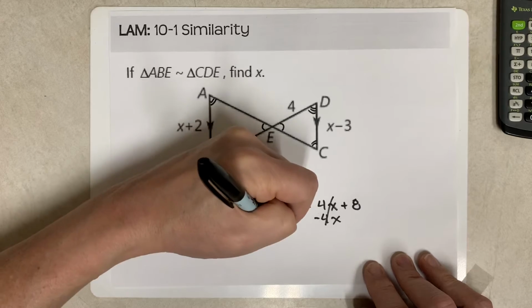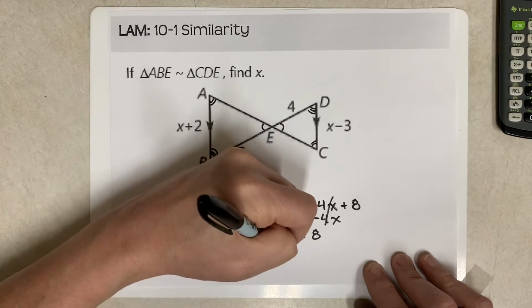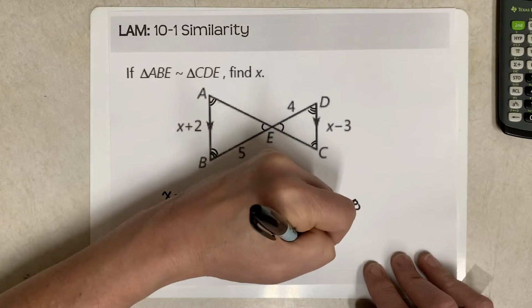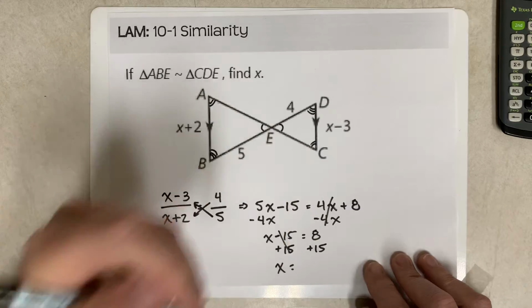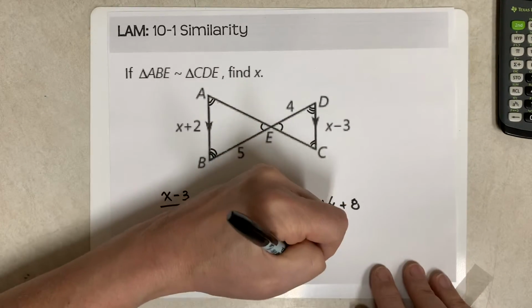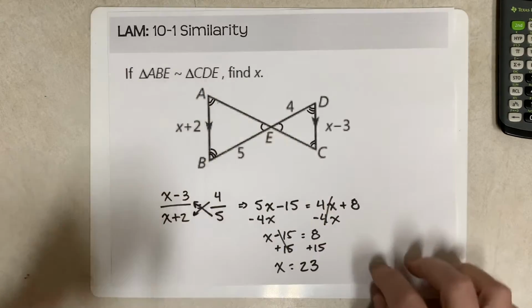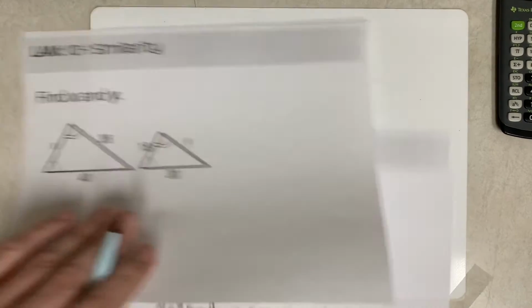So x minus 15 is equal to 8. Now I'm going to add 15 to both sides. So x equals 15 plus 10 is 25. Take 2 away, so that should be 23. And x is 23 for that one.